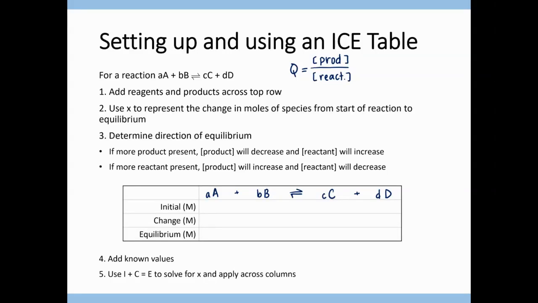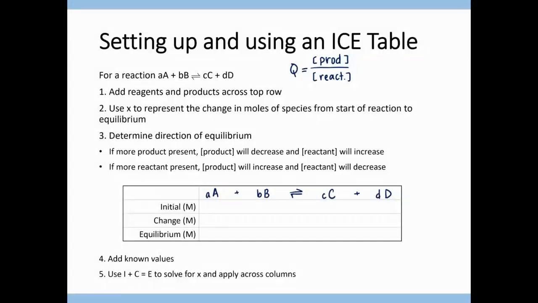If you're given concentrations for all reactants and all products, you need to calculate Q to see if you have a higher concentration of products than at equilibrium, which means Q will be greater than K, and the reaction will proceed to the left. We'll use up products and form reactants. Or if Q is less than K, that means you have more reactants than at equilibrium, and the reaction will proceed to the right. You'll use up reactants and form more products.